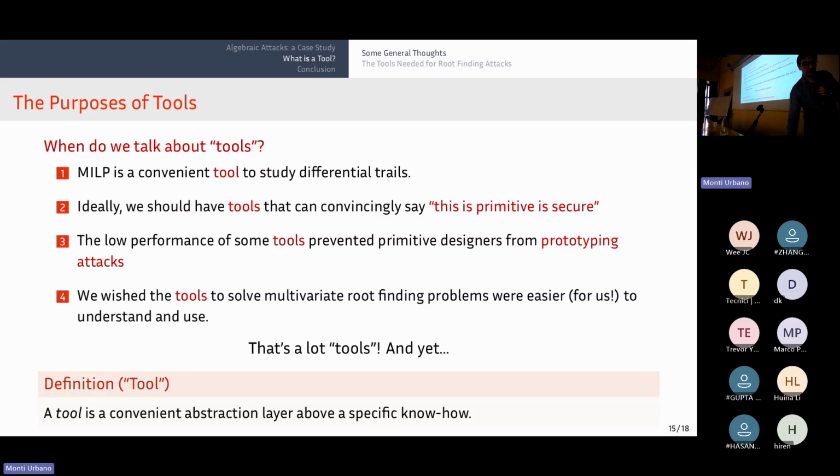What they all are, in my opinion, is a convenient abstraction layer above a specific know-how. It's what allows people to solve problems that would normally require advanced know-how much more conveniently, much more easily. Like you're abstracting away the skills of someone or of a community.